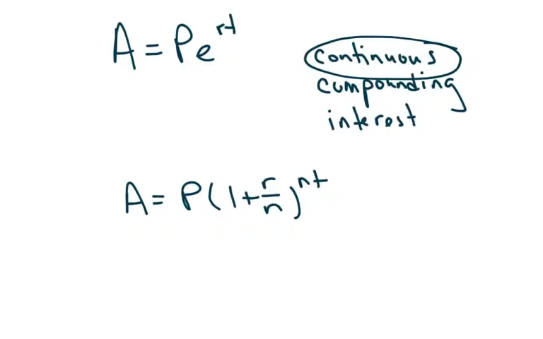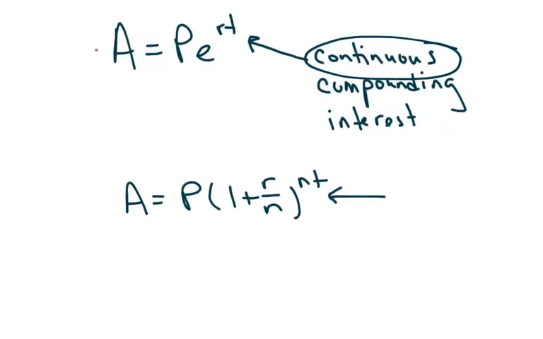So the kicker is, on the test, if you see the word continuous, you'll need to use this equation. If it says annually, semi-annually, quarterly, monthly, daily, you'll have to use the other equation. And we'll give them to you on the test. You're just going to need to know when to use them.